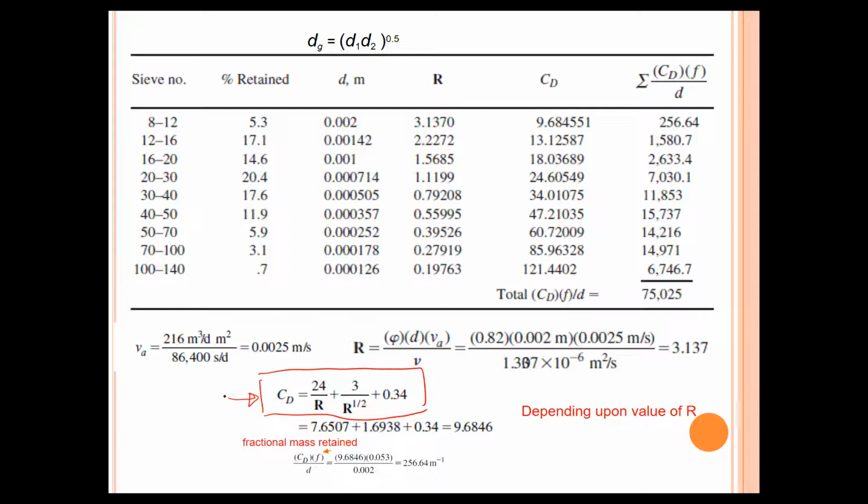For turbulent flow you have a different Reynolds number range, for laminar flow you have a different Reynolds number range, with respective drag coefficients. In between turbulent and laminar, we can use this equation, which utilizes the Reynolds number to calculate the drag coefficient. Because we know the Reynolds number, for example for this one, we can put it here and calculate this drag coefficient. For another Reynolds number, you can use the same formula and get another drag coefficient, and so on.